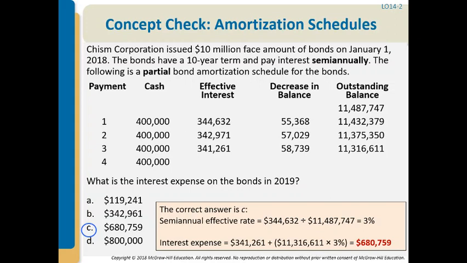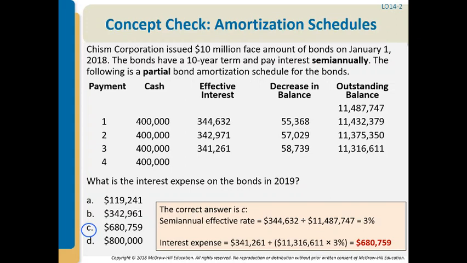So the semi-annual effective interest rate is 3% based upon that first calculation of 344,632 divided into 11,487,747.